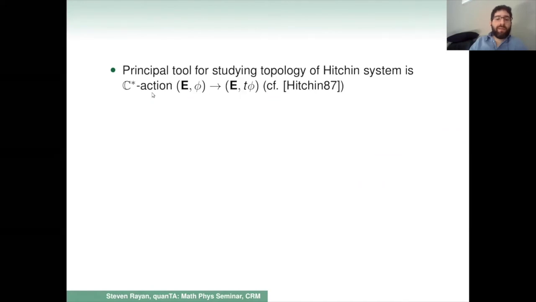So the moduli space of Higgs bundles comes with a rescaling action. I can rescale phi by some non-zero complex number t. Of course, if you're working at the level of the Hitchin equations, you might want to replace this with a U(1) action. That will preserve the level sets of the Hitchin equations. If you're working algebraically, then you can just take C-star.